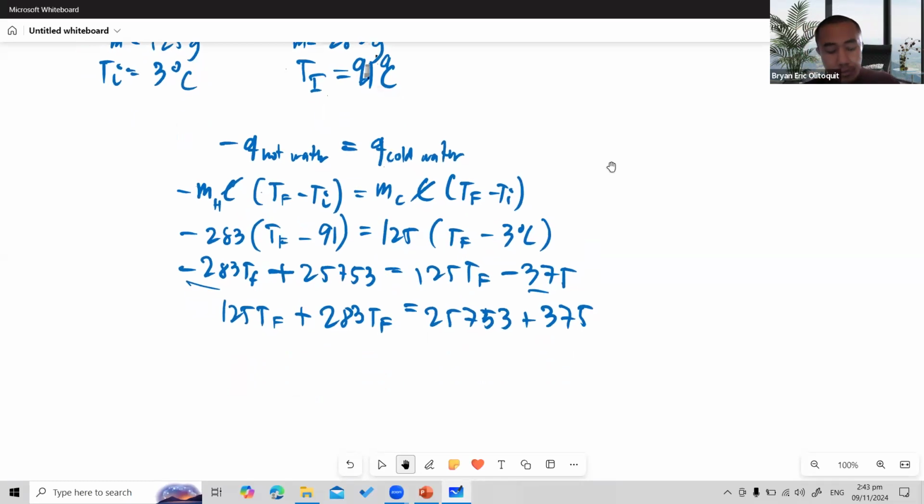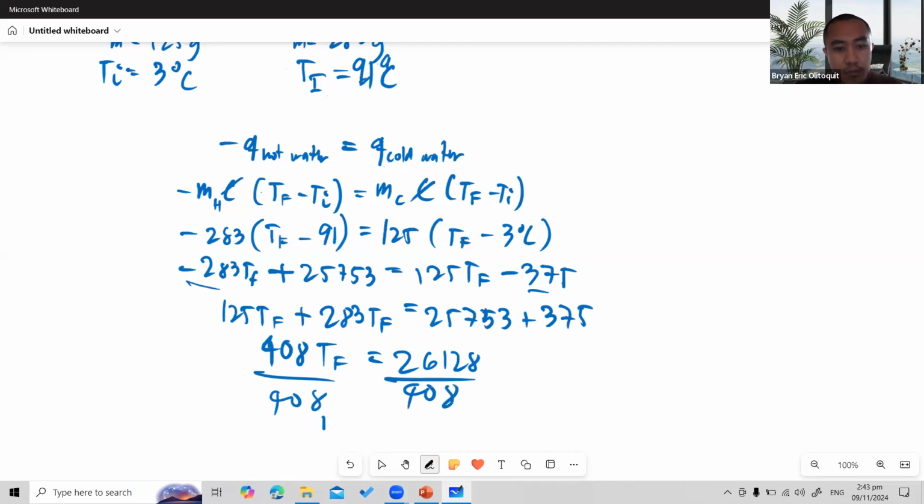So 125 plus 283, 408 TF. This is equivalent to 25,753 plus 375, 26,128. So dividing both sides by 408, the final temperature is equivalent to 64.04 degrees Celsius. So yung final temperature niya is nasa 64.